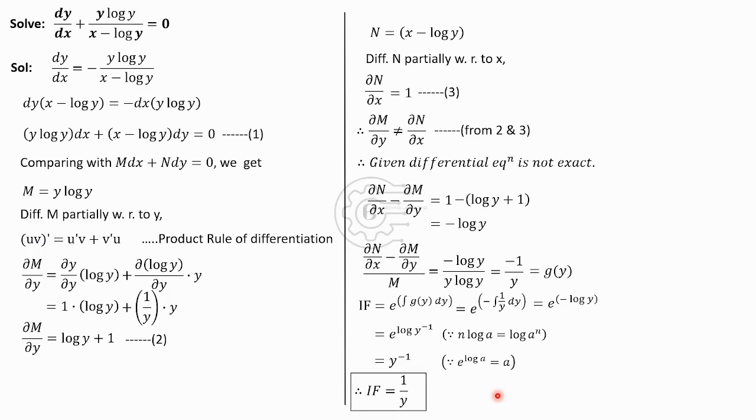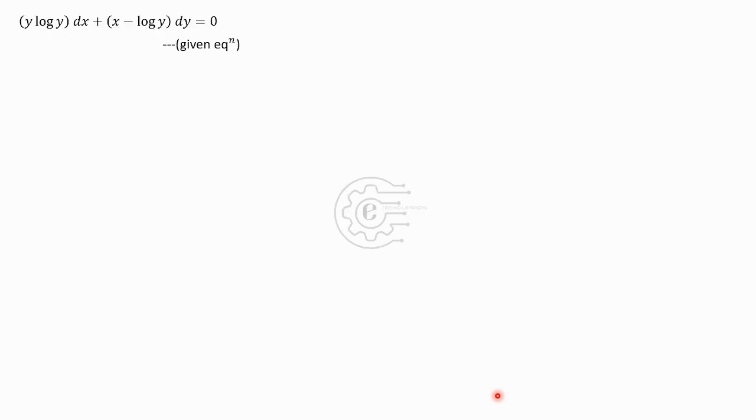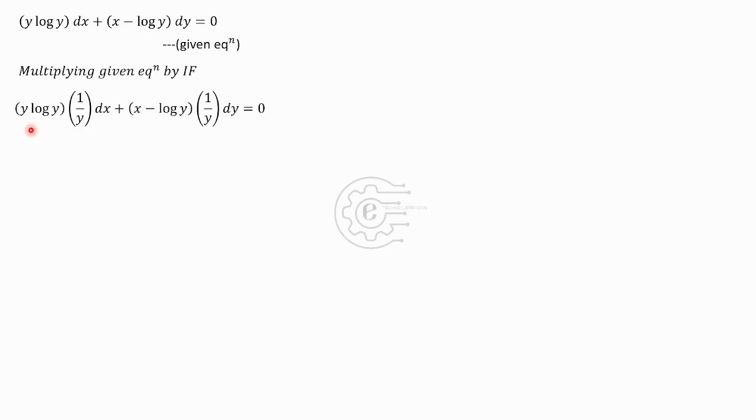So let us multiply the given equation with the integrating factor. Now here this y will get cancelled, hence we write log y into dx plus x upon y minus log y upon y into dy equal to 0.